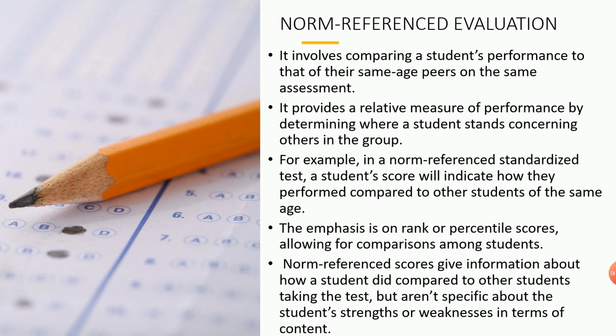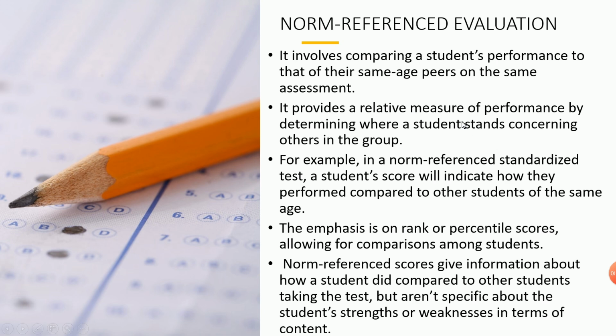So we are evaluating all the students through the same exam, and we are comparing the students on their own progress. So it provides a relative measure of performance by determining where a student stands concerning others in the group. Ranking கொடுக்குறோம்ல, first rank, second rank, so all those things.